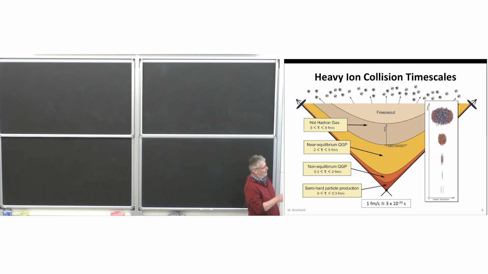In this picture, in the space-time picture, you don't have any idea of the transverse dynamics. That's why I showed you this little inset over here. The temperature is indicated in these colors here. Red is hot, orange is less hot, and then this is even less hot. Eventually, it reaches this point where you cross back into the hadron phase. The timescales that are here on the left are from RHIC collisions.